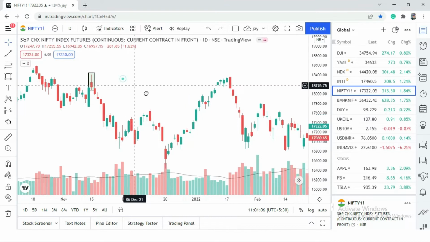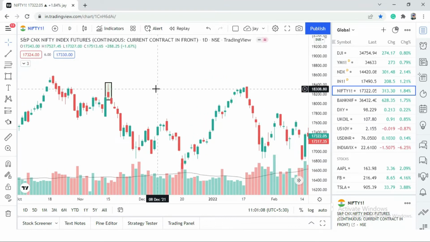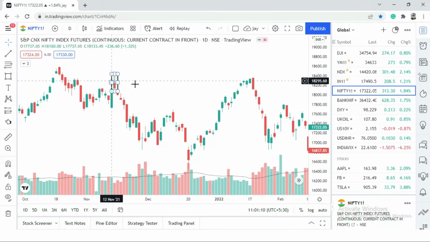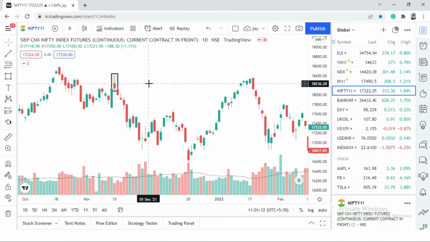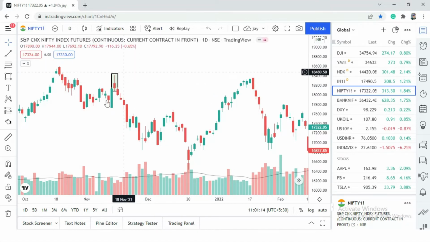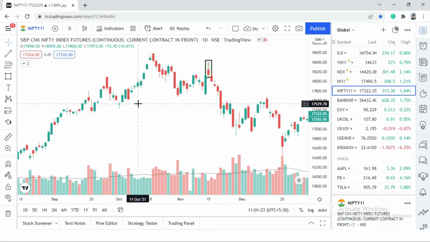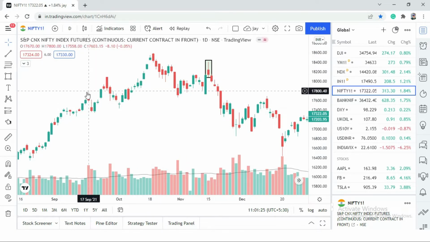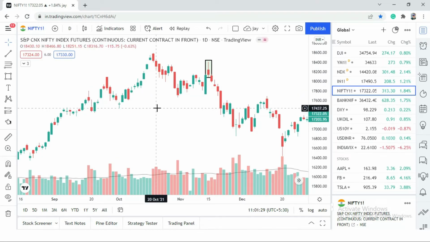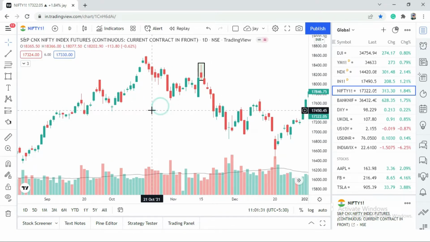So here you can see this is the shooting star candle, but why are we taking this candle? As I always say, charts and books are different. For me, what I consider to trade for this shooting star candle: we have seen continuous rising from here all the way, and as I discussed earlier, in between you may see one or two bearish candles, but we always need to wait for the price rejection the first time.